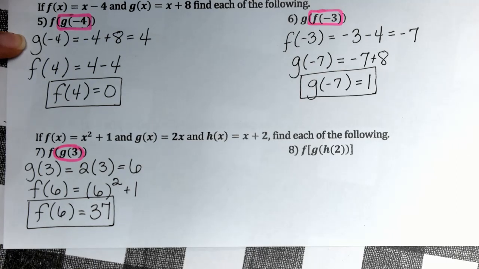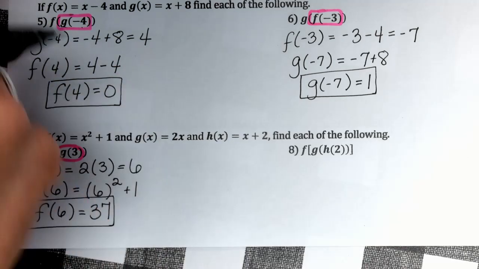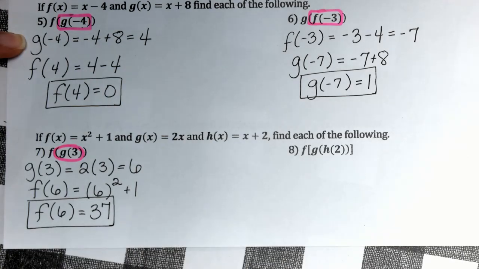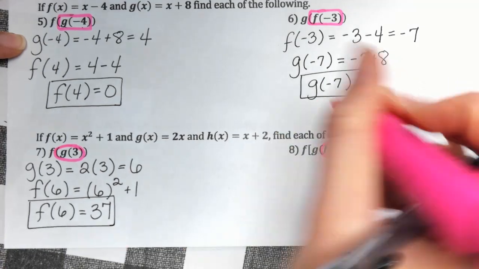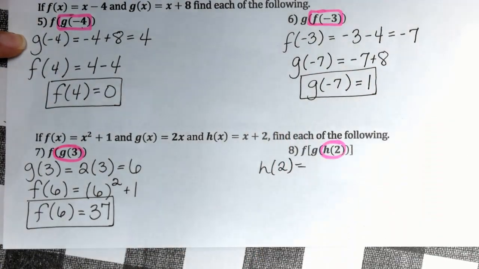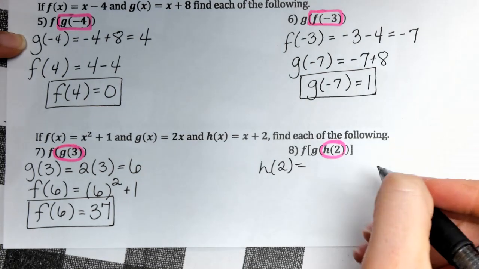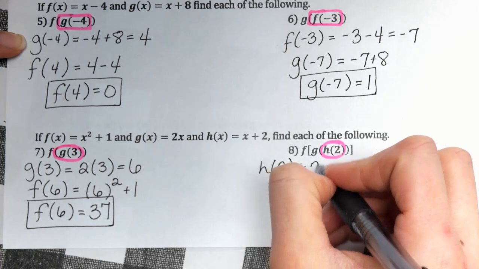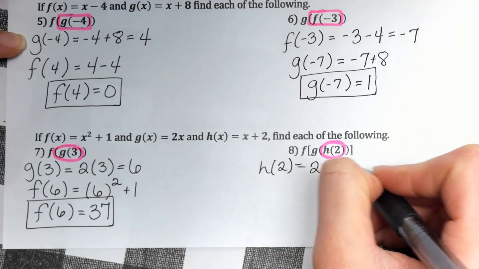Okay. Now I'm finding f of g of h of 2. So what am I finding first? H of 2. Okay, h of 2 is 2 plus 2, which is 4.